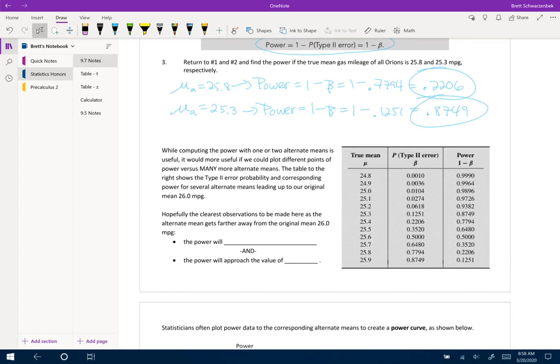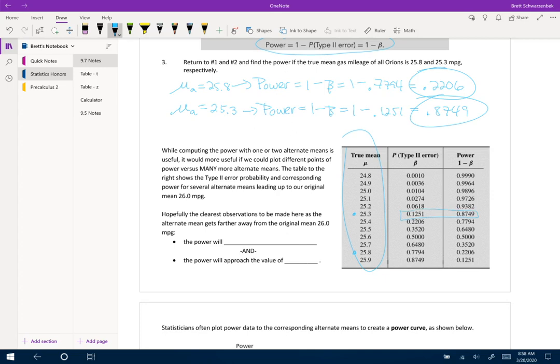If you look at this little chart right here, it's not technically ideal just to do two random alternative means. If you look at the true means column, we have already calculated 25.3 and 25.8. So you can see that our probabilities that we have calculated are here.